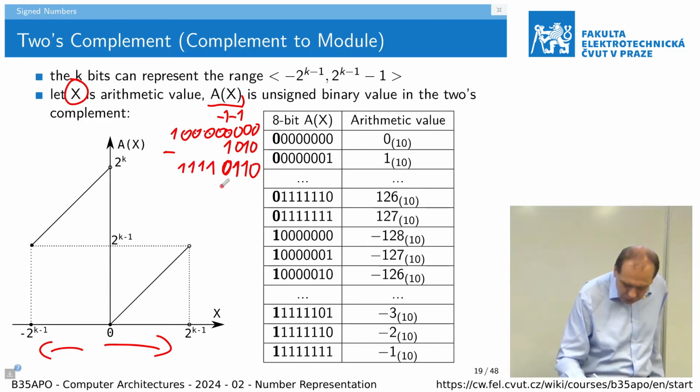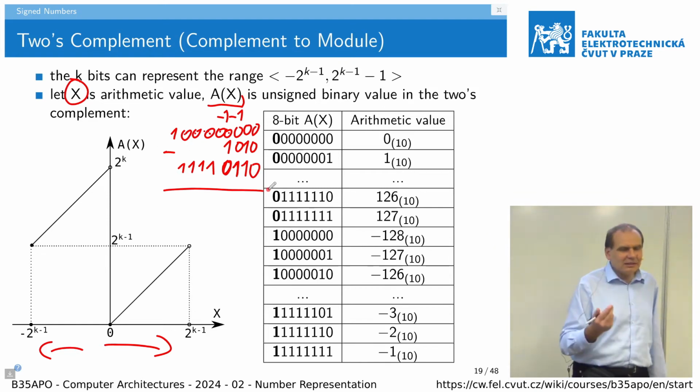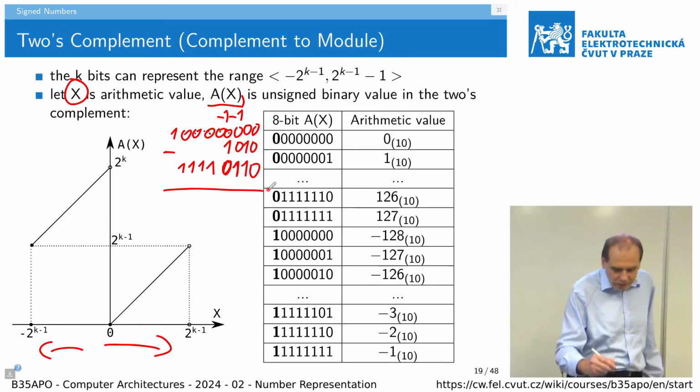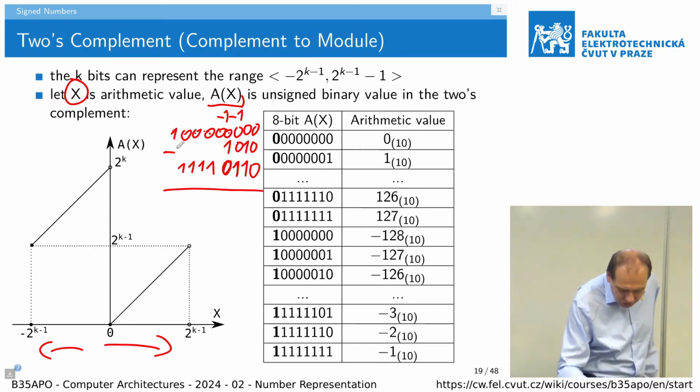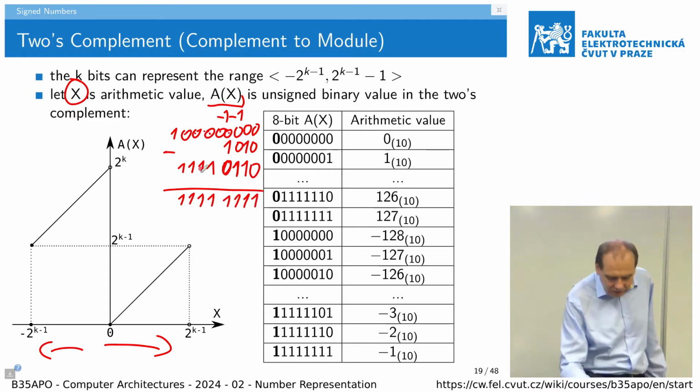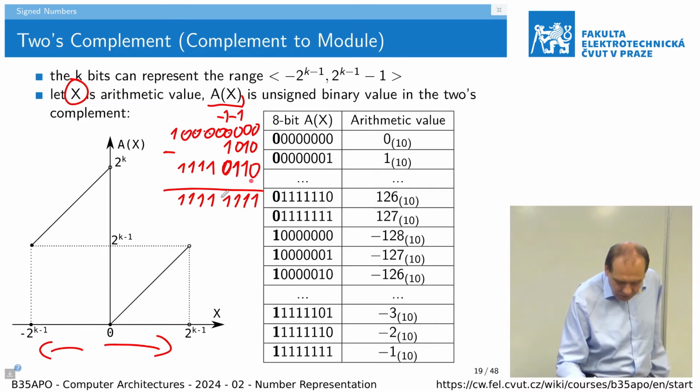Oh, okay, there is an easier way. As in the decimal system, the easiest is to take not the module, but 1, 1, 1, 1, 1, 1, 1, 1, and subtract the 10 from it, because it is easy. So it is 1, 1, 0, 0, 1, 0, 1, 0.